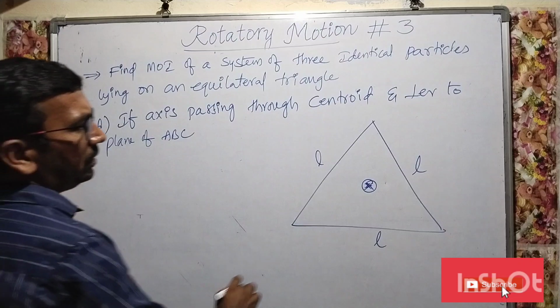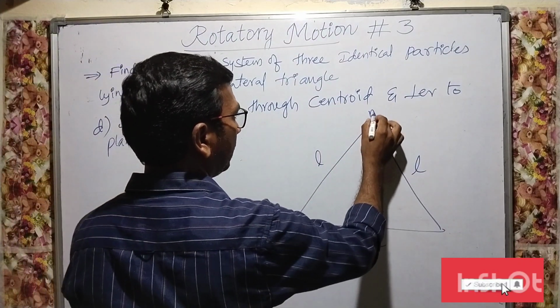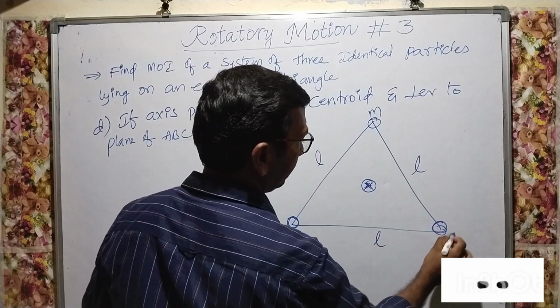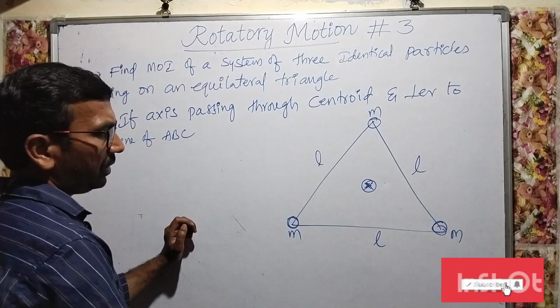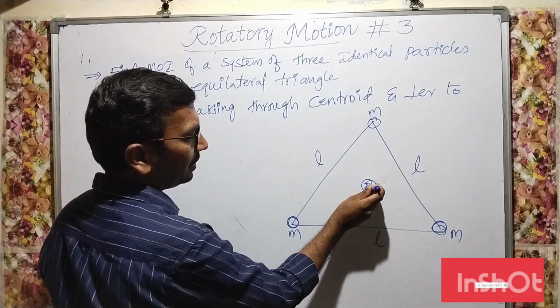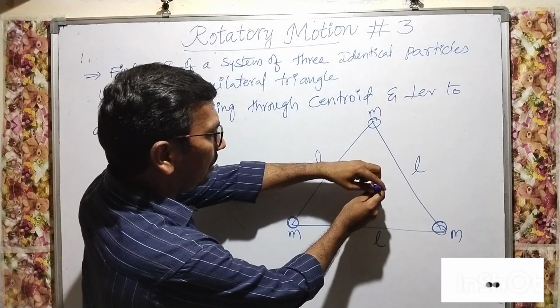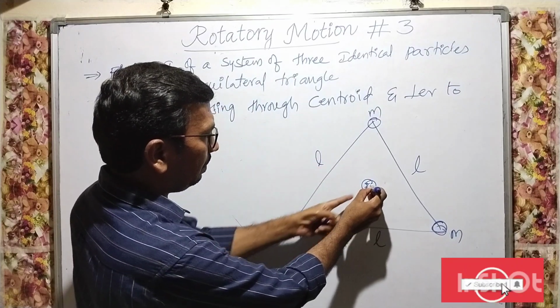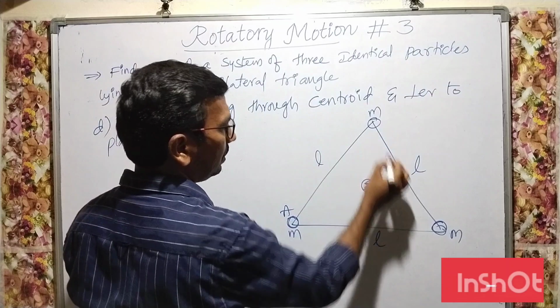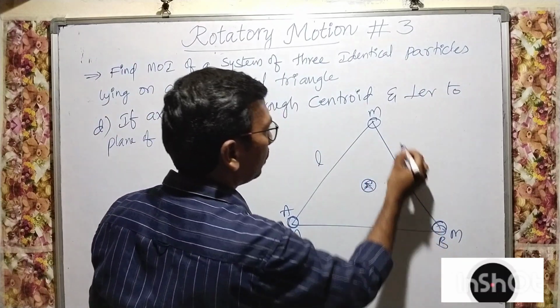Each identical particle has mass M. So what is the perpendicular distance from the axis to A, this is point A, this is B, this one is C.